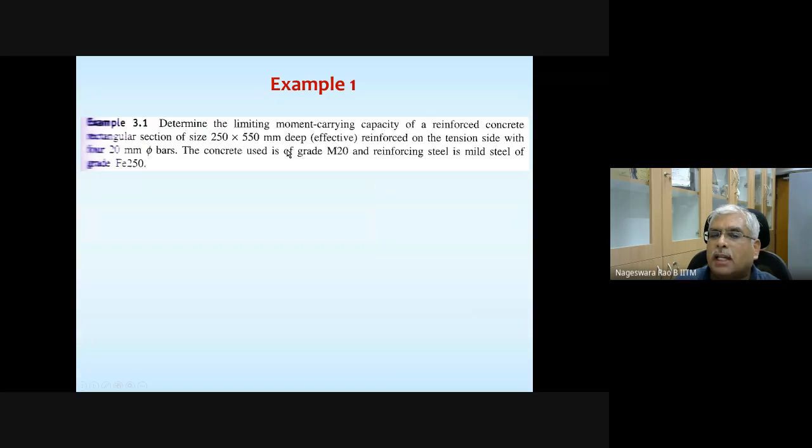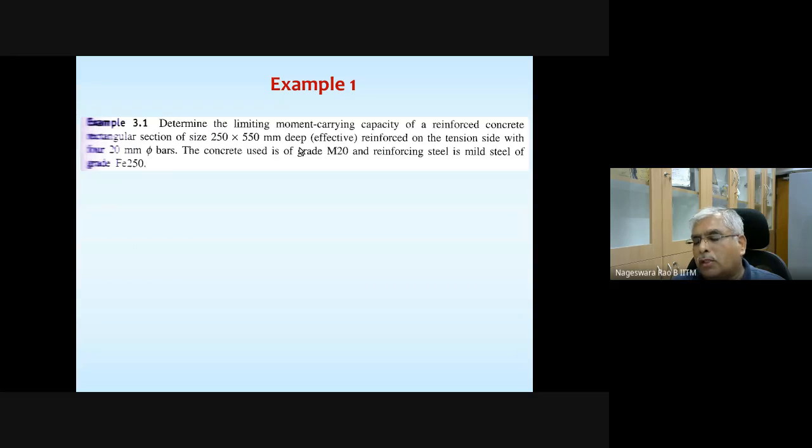After getting the limiting moment carrying capacity, you assume some support conditions. If support conditions are not given, let's assume it to be simply supported. Then maximum bending moment is WL square divided by 8. Equate this limiting moment capacity to WL square divided by 8, similar to what you did in your previous problems, okay?